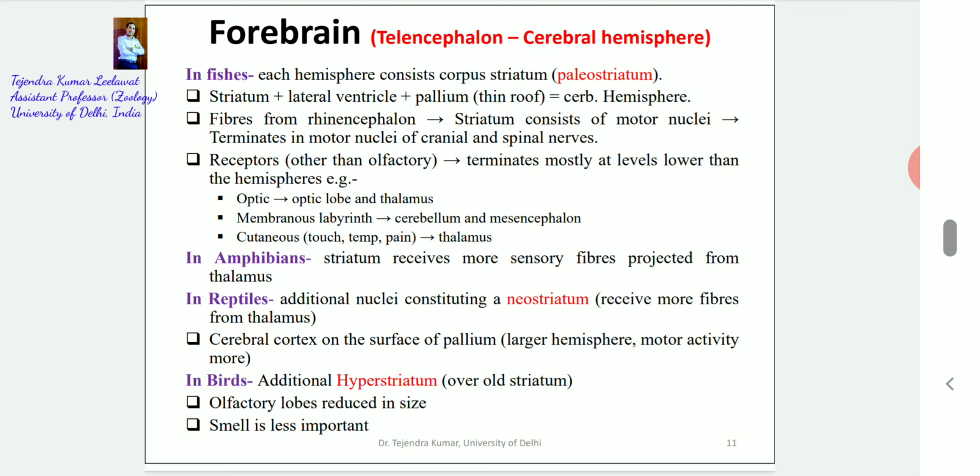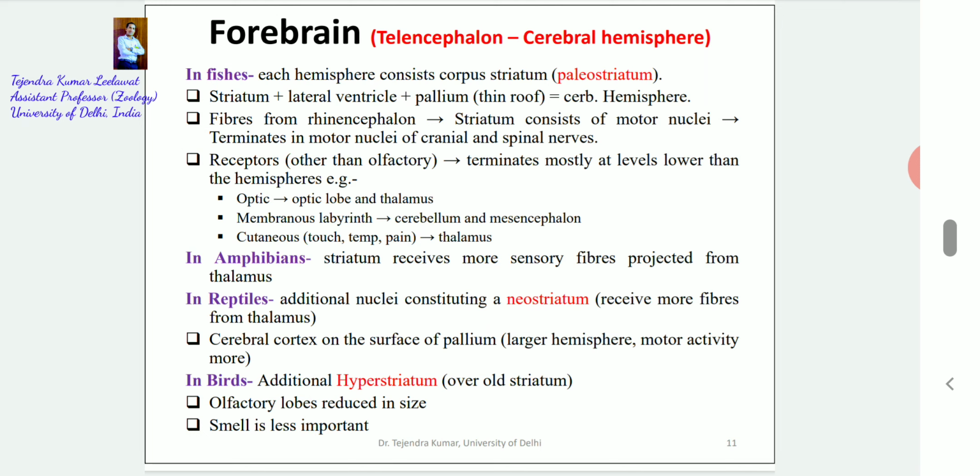That's why our nostril size is reduced, whereas if you see larger fishes or amphibians, you will find their nostrils are comparatively larger when you compare nostril size with body size. In our case, nostril size is very small compared to body size, because our behavior is not much dependent on smell.